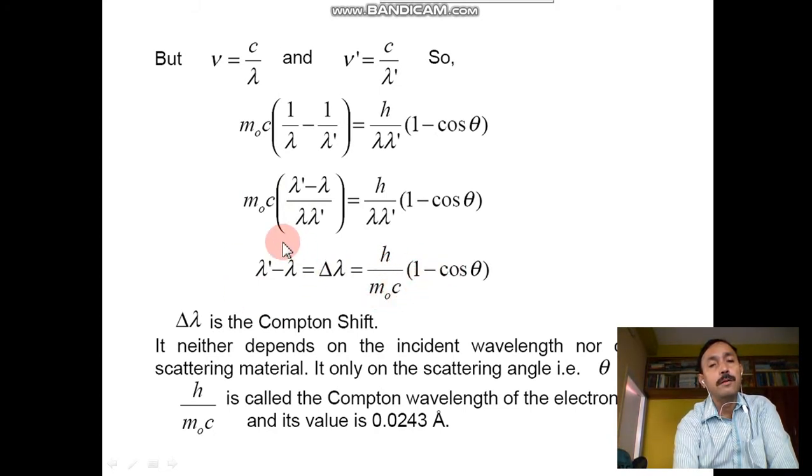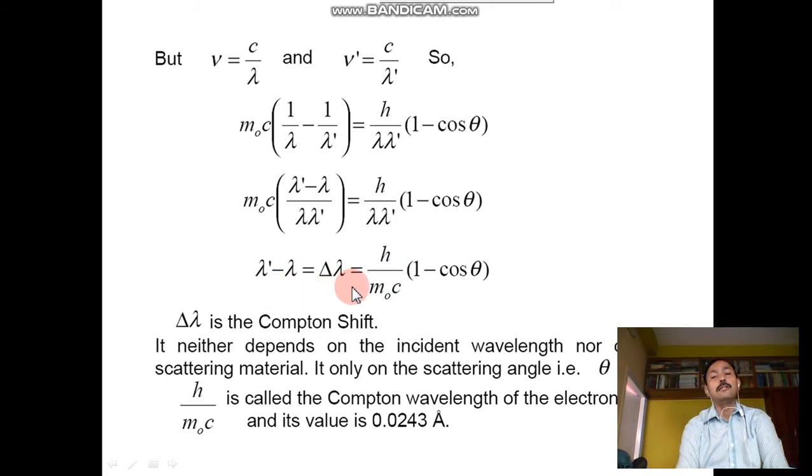This change in wavelength is known as the Compton shift and we will represent it as delta lambda. So delta lambda is equal to h by m naught c (1 minus cos theta). So the Compton shift only depends upon the scattering angle. It neither depends upon the incident wavelength nor on the scattering material.